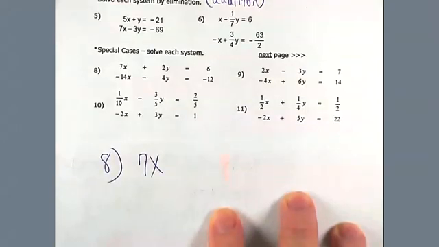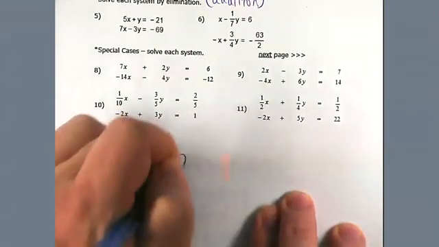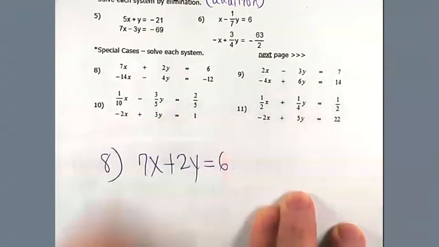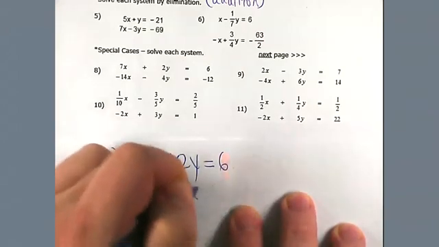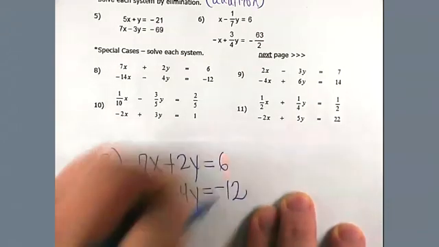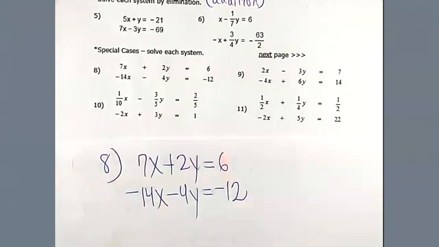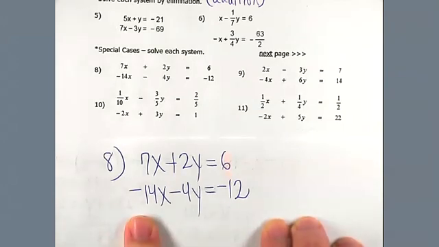Question 8, we have 7x plus 2y equal to 6, and negative 14x minus 4y equal to negative 12. It's a toss-up. You can choose to eliminate either the x's or y's because each pair has opposite signs. I'm just going to choose the x's to get rid of.